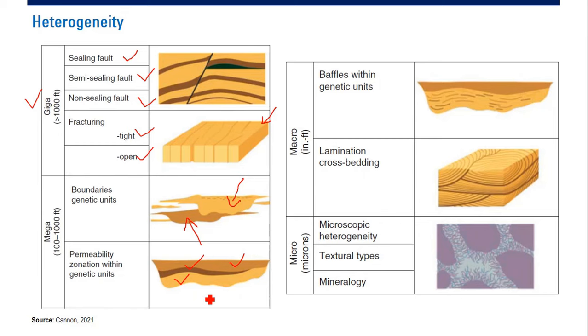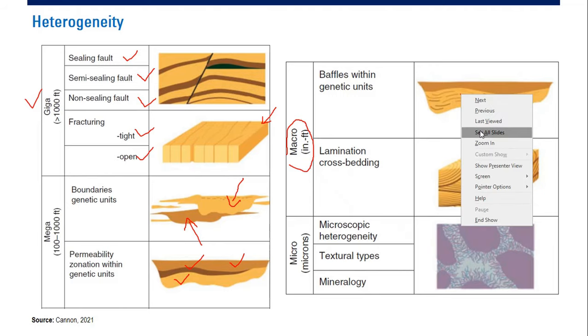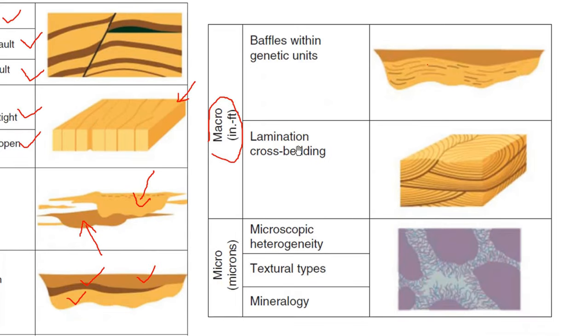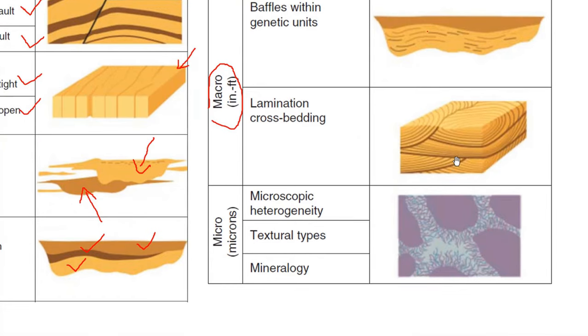Heterogeneous, not uniform. And for the macro scale, we have baffles within genetic units, like this line. A baffle is a barrier to flow. And some with lamination, like this one. Lamination means layered.